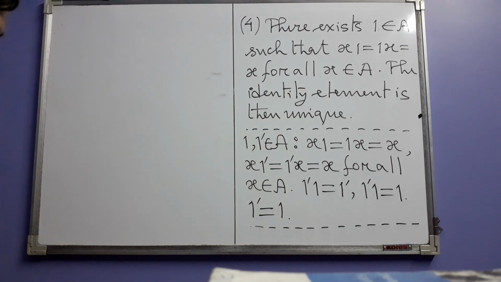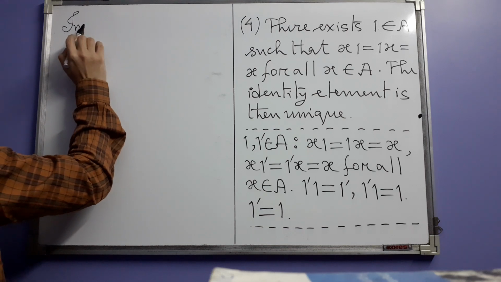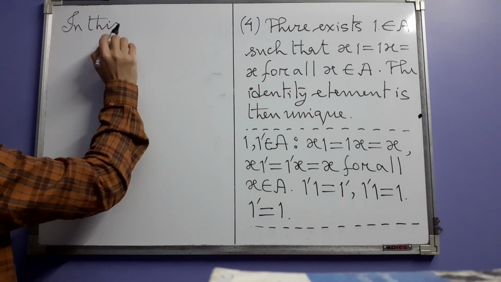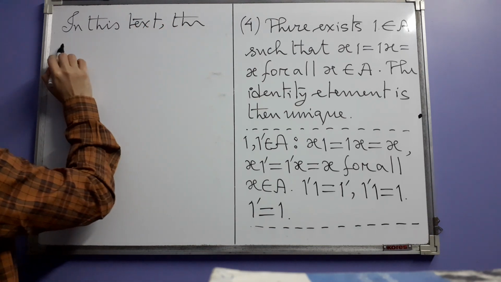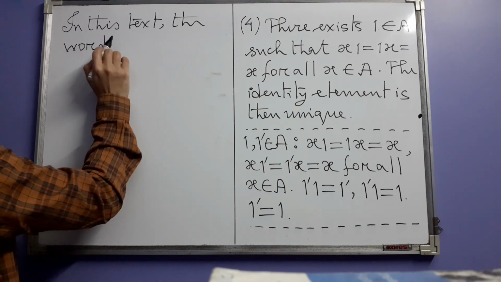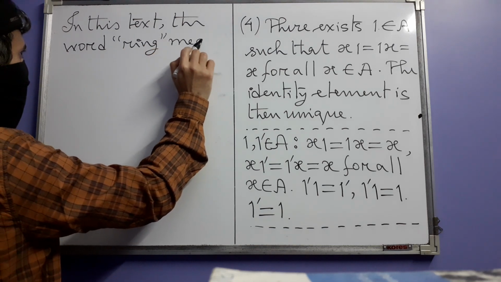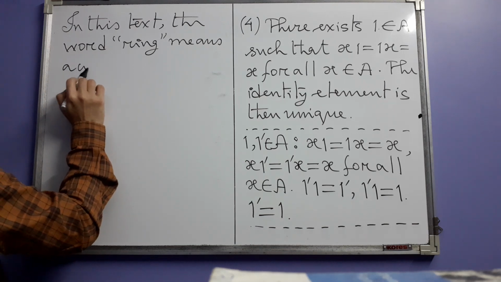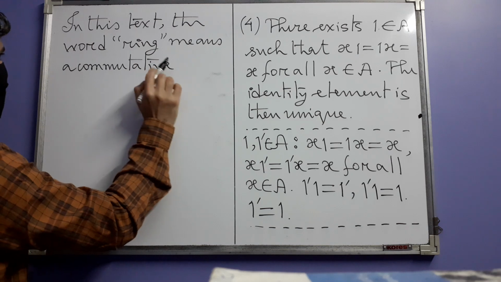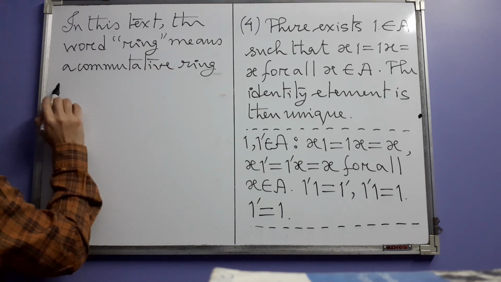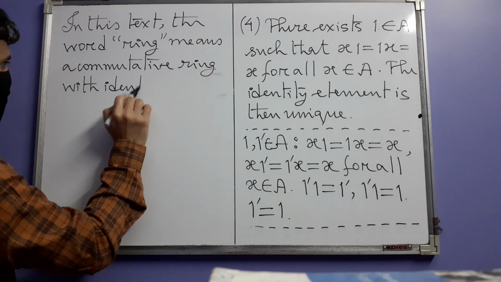Okay, so that's why the authors next say: in this text, or throughout this text, the word ring means a commutative ring with identity element.